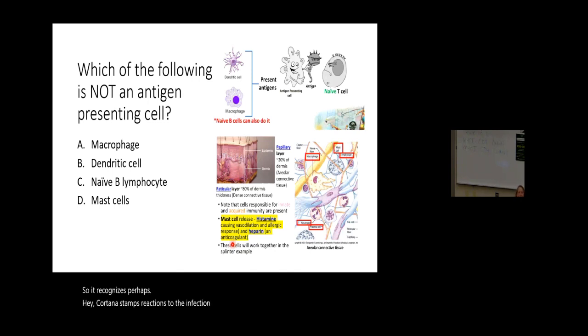Yeah, great question. Yes? Do antigen-presenting cells ever use their MHC1? Unfortunately, yes. There are certain infections like HIV that will target your immune system.